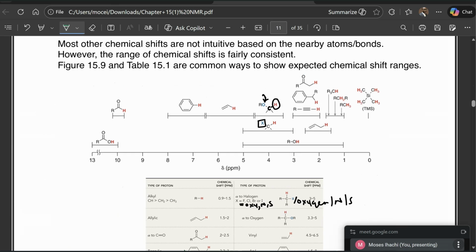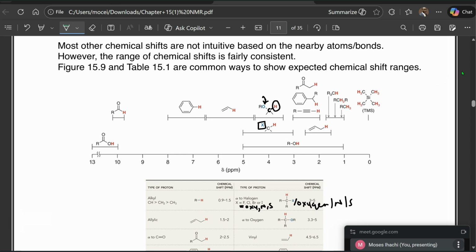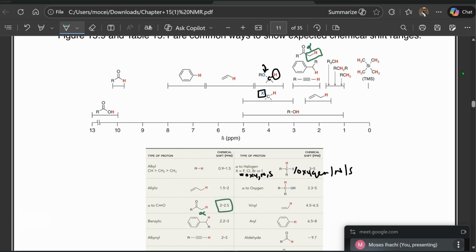I hope it's on your general. It's right here. See it? Yeah, that is here. 2 to 2.5. Oh, okay, got it. See? You are now somewhere around 50%. You have an idea of what's going on.